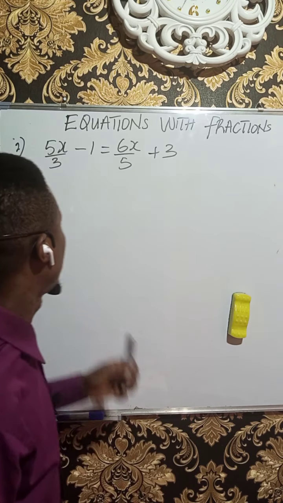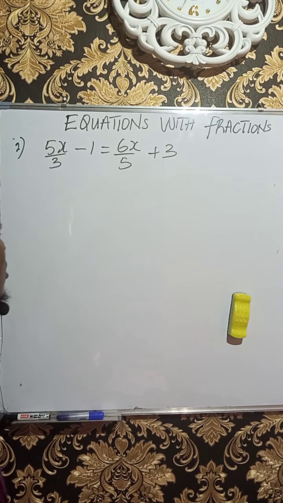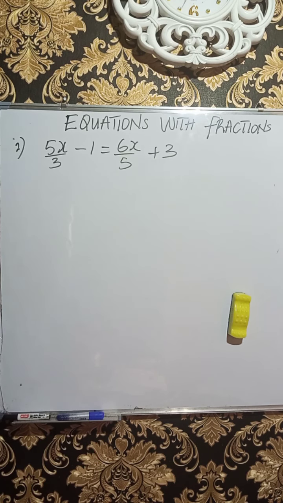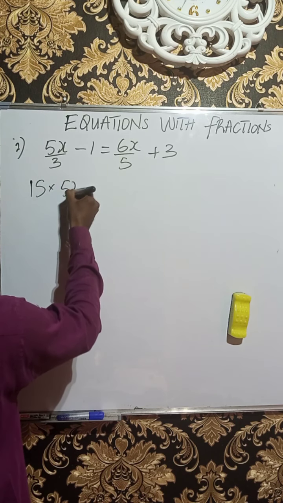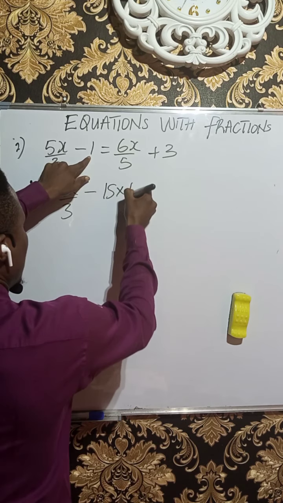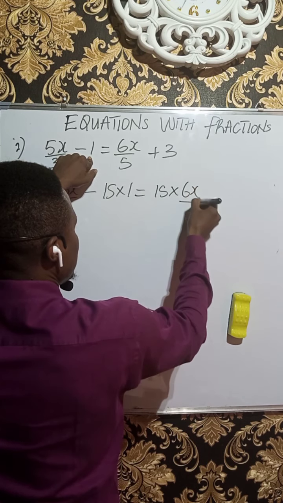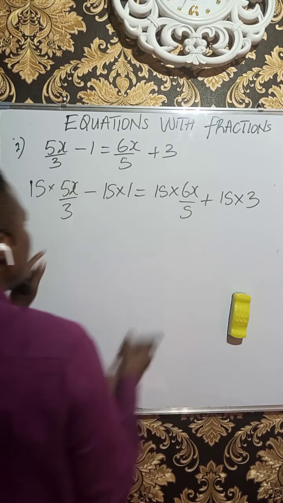Okay, in the second question, we have 5x over 3 minus 1 is equivalent to 6x over 5 plus 3. Without wasting much time, the LCM of 3 and 5 is 15. So I've got to multiply every term of this equation by 15. So we have 15 multiplying 5x all over 3 minus 15 multiplying 1 equals 15 multiplying 6x over 5 plus 15 multiplying 3.